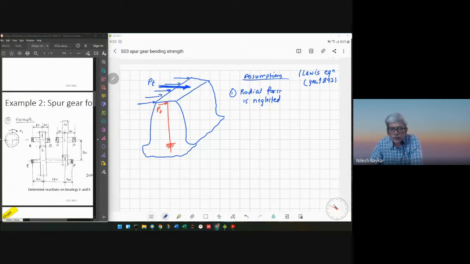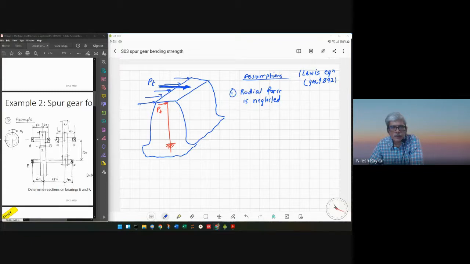The radial force is neglected mostly because the radial force will induce compressive stresses, whereas the bending will induce both compressive and tensile. The failure mostly occurs on the tensile side, because the tensile strength of most metals is higher than that in compression. What the radial force does is reduce the tensile stress and increase the compressive stress.